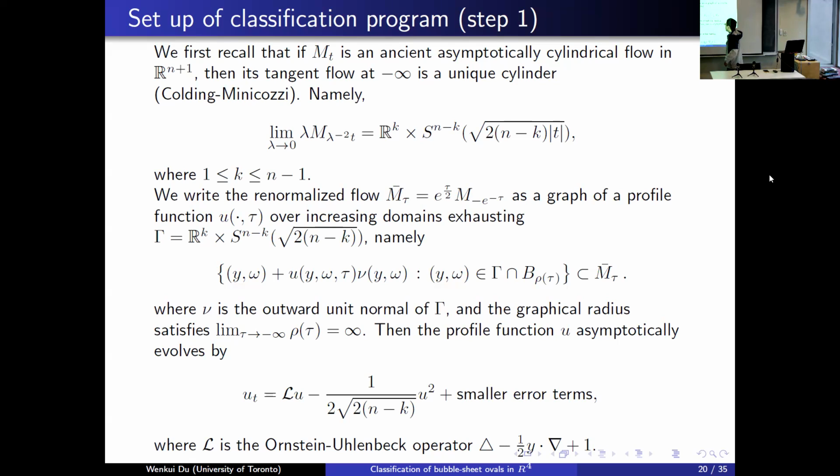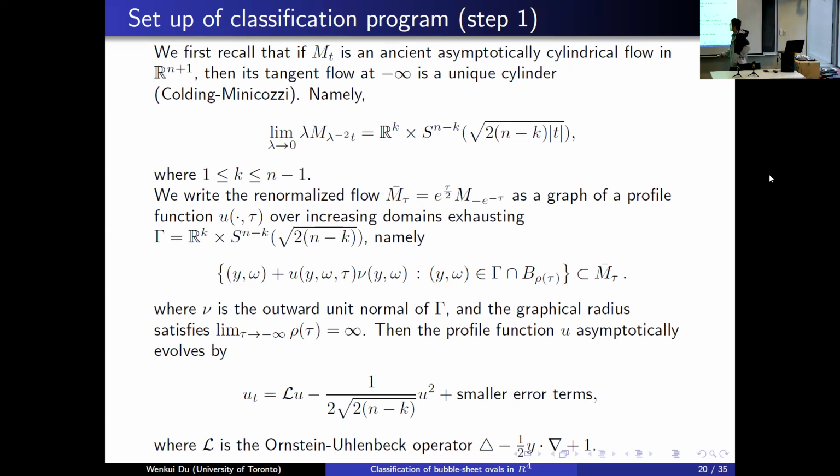in some graphical radius range. And so we can translate the mean curvature flow to the evolution equation of this profile function u. In the asymptotic expansion of the evolution equation of u, the first linear term is governed by this Ornstein-Uhlenbeck operator.